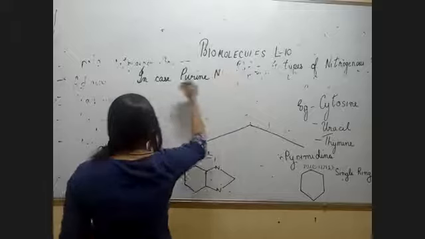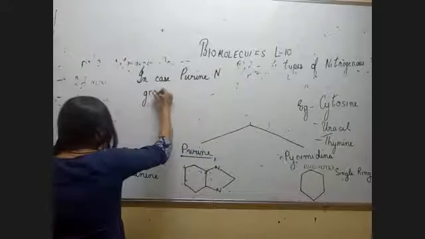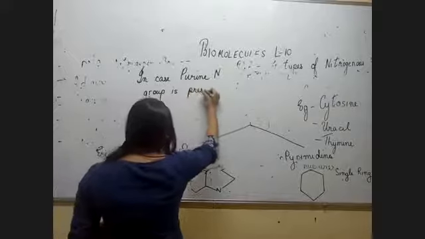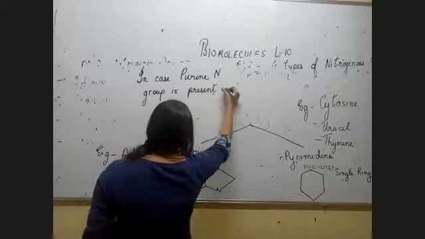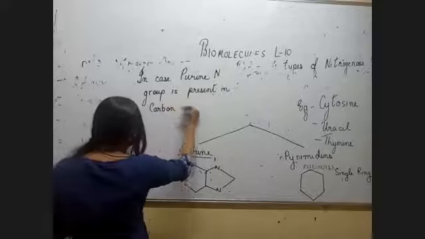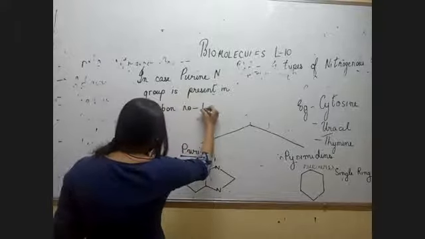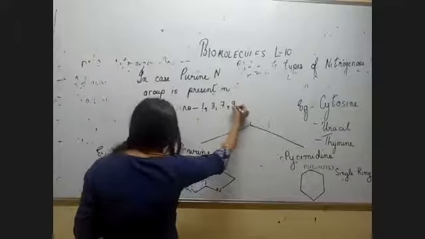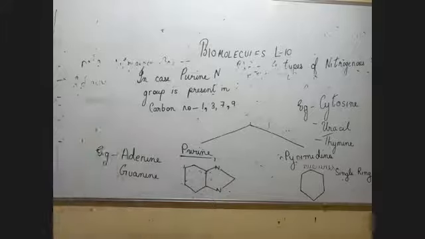Nitrogen group N means nitrogen is present in carbon number 1, 3, 7 and 9.